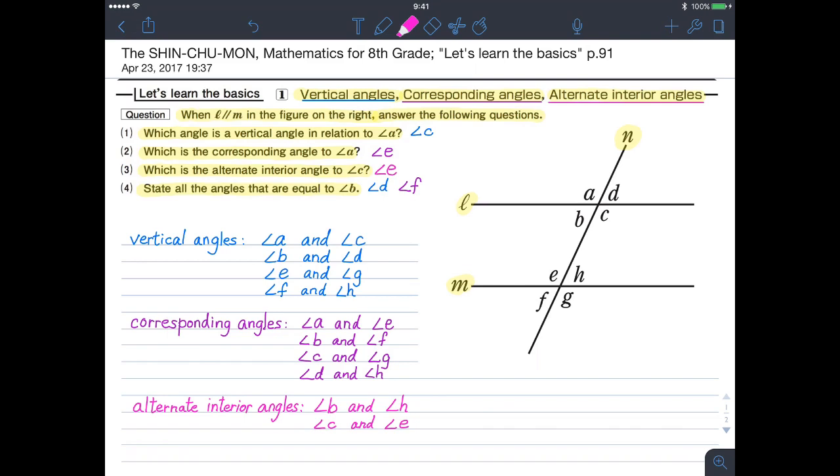And in this case, angle B is an alternate interior angle to angle H. And since alternate interior angles are equal, angle B and angle H are equal. Therefore, the angles which are equal to angle B are angle D, angle F, and angle H.